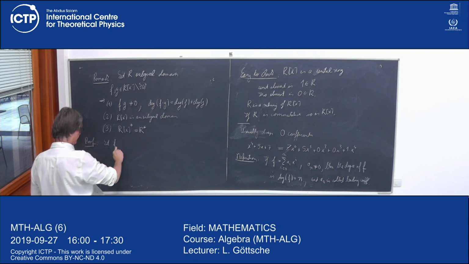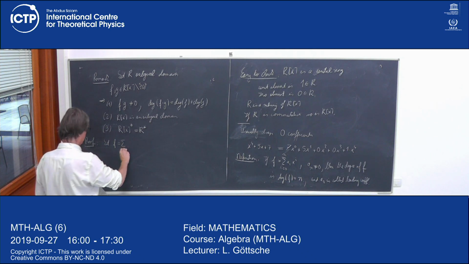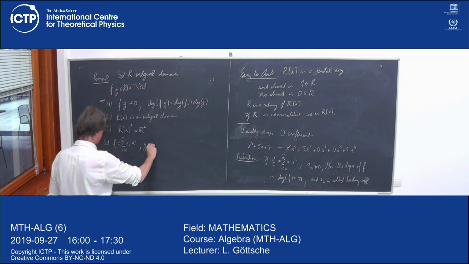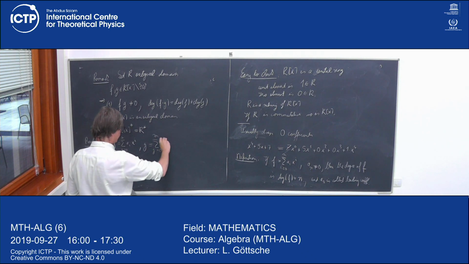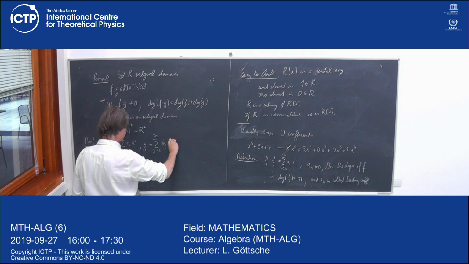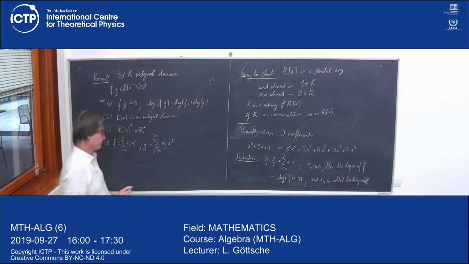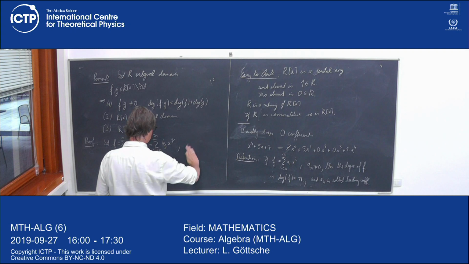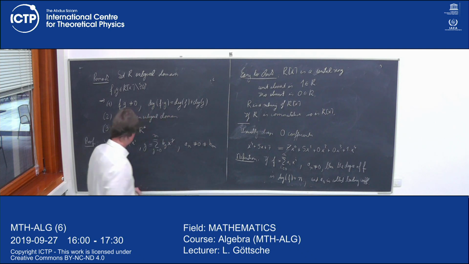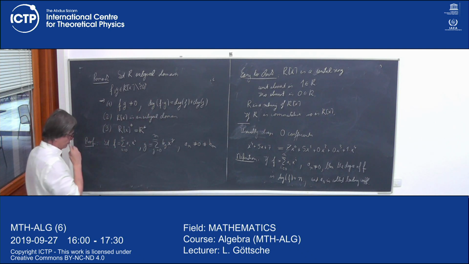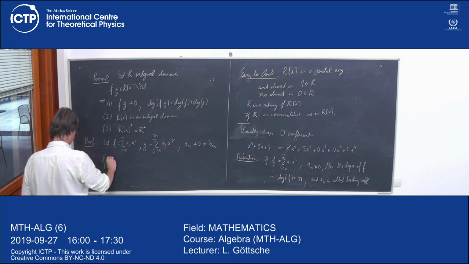f, you just write it out, the sum for i equals 0 to n of a_i x^i, and g equals the sum for j equals 0 to m of b_j x^j, where this is actually the degree. So a_n is different from 0, and so is b_m. Then what is f times g?